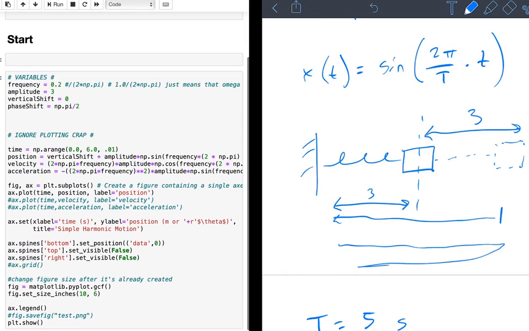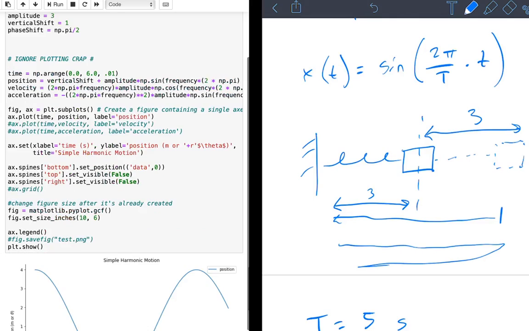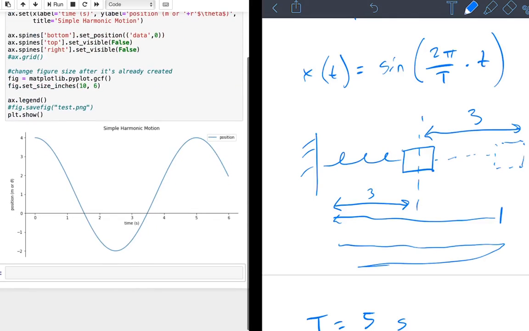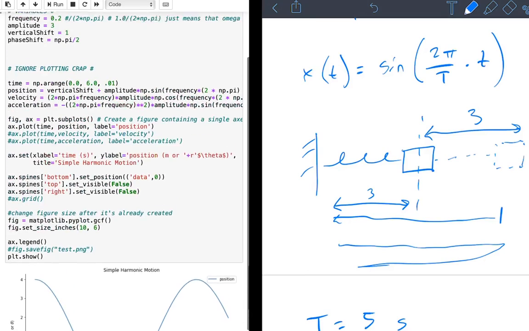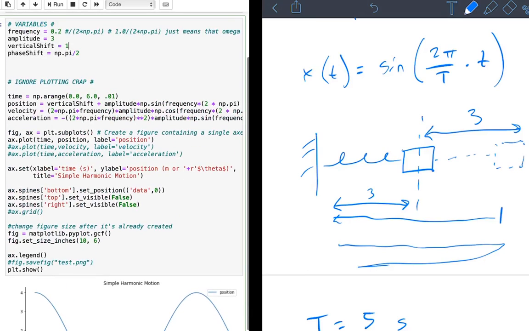And again, there's a lot more you can do with this. Those are the basics, so I'll just play around with that. If we shift it up 1, it looks like this. So our new equilibrium is just right here. Again, we tend to prefer our equilibrium to be about 0. It just makes everything simpler.